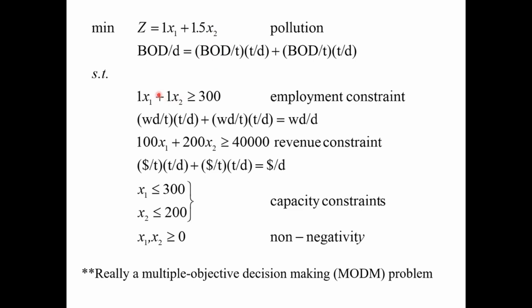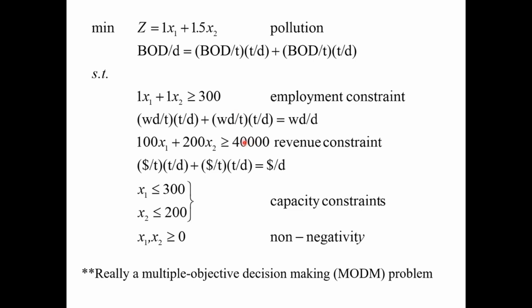We also have that employment is 1 times x1 plus 1 times x2 has to exceed 300. This is worker days per ton times tons per day, which is the x1 value, and we get worker days per day. Okay, so this is worker days per day.